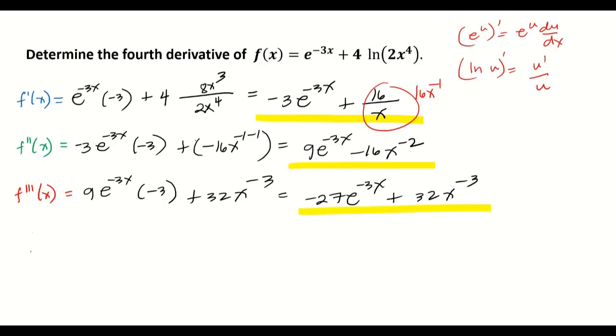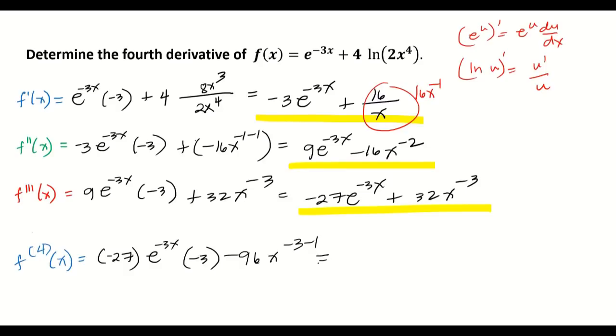For the fourth derivative, so we have negative 27 and then e raised to negative 3x. And the derivative of negative 3x is negative 3. And then we have 32 times negative 3 is negative 96. X raised to negative 3 minus 1.